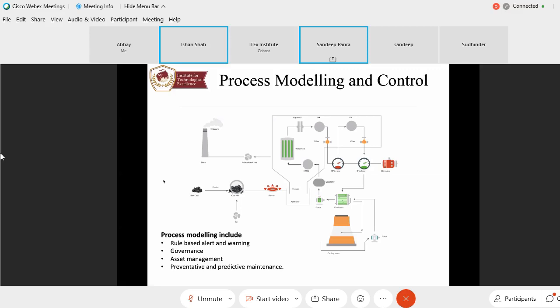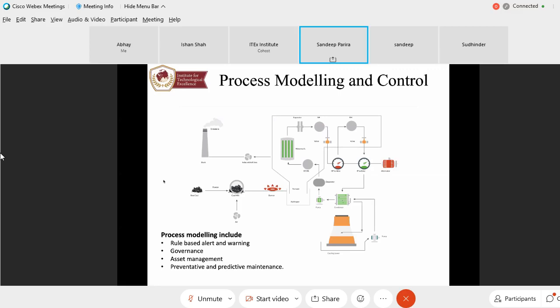So for example, if it has not been trained, I would not advise you to go for a critical process. We can go for a non-critical process, or if it is a critical process, have a digital twin so that it doesn't affect the real production. You have a digital twin for this, and then you try to get good data, train it, and then try to implement it.